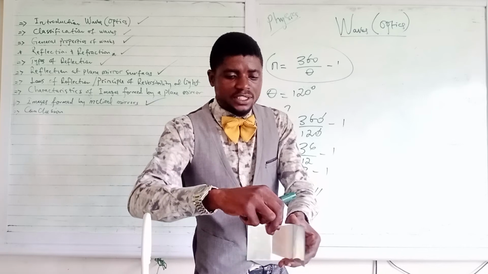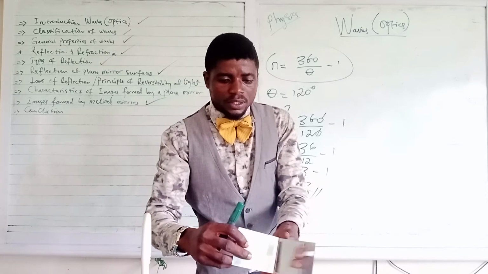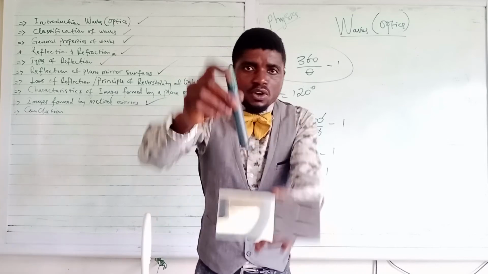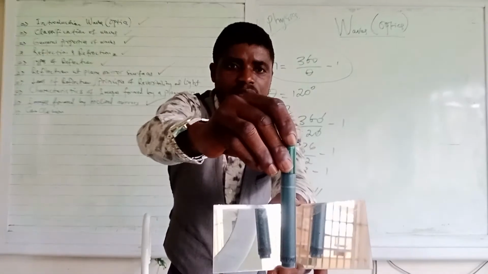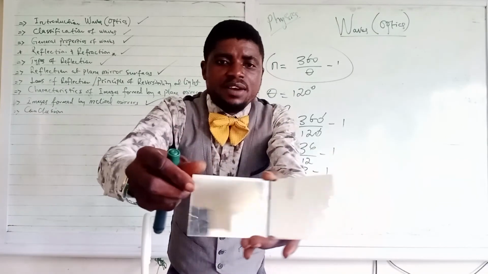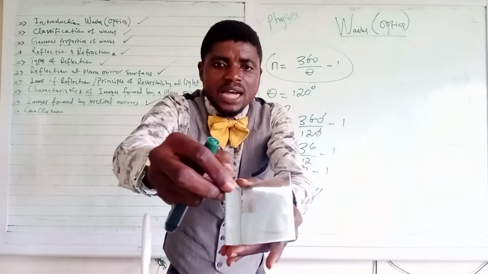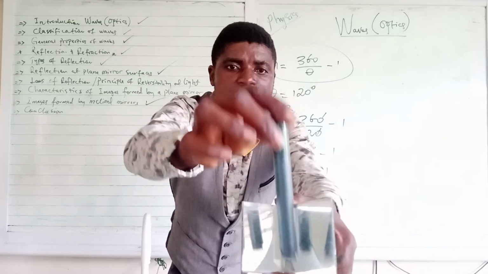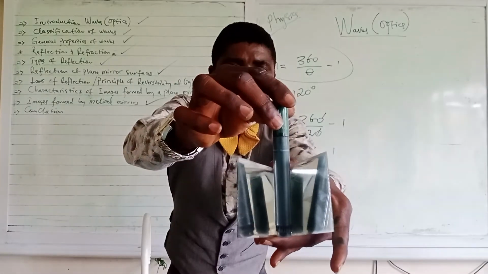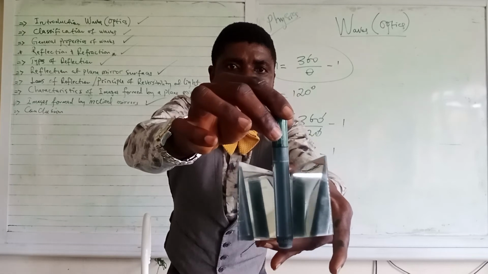Let me just practice that here so that you see it quickly. This is the first inclination. What do you see? If I decrease the angle, what do you see? Please drop your comments in the comment box.